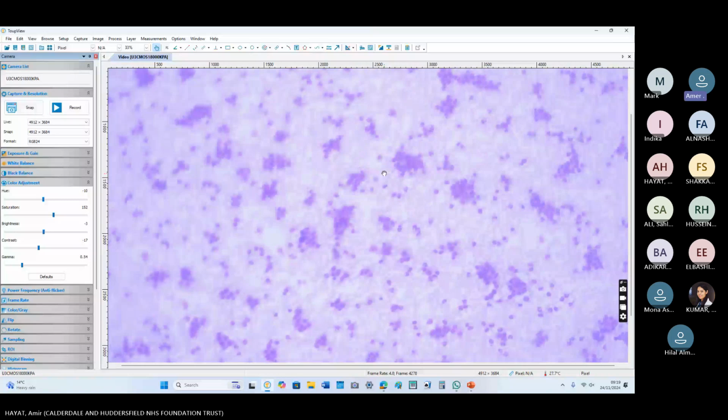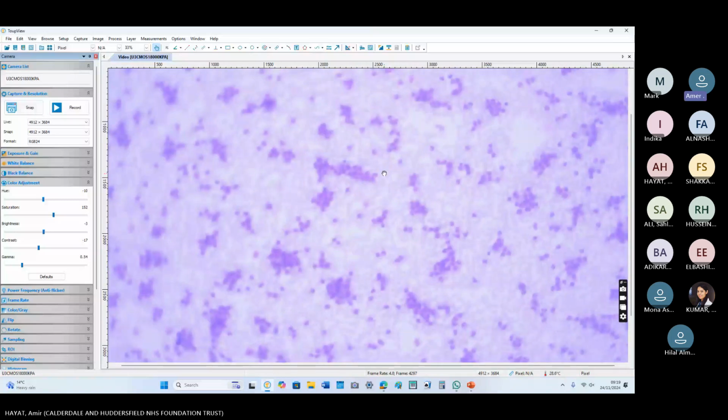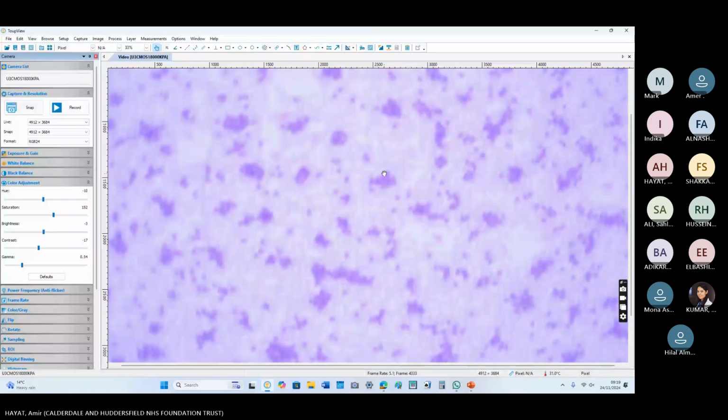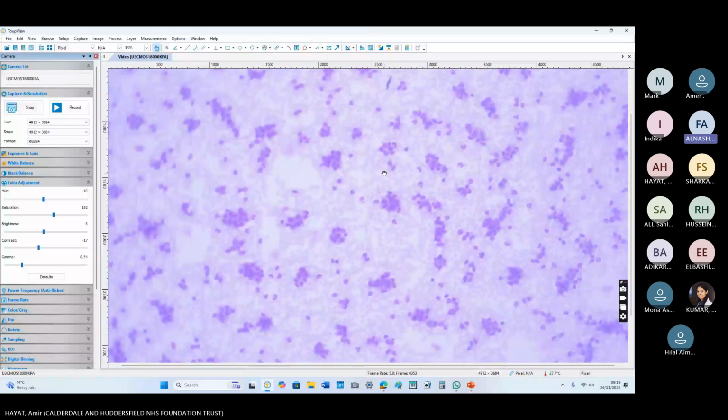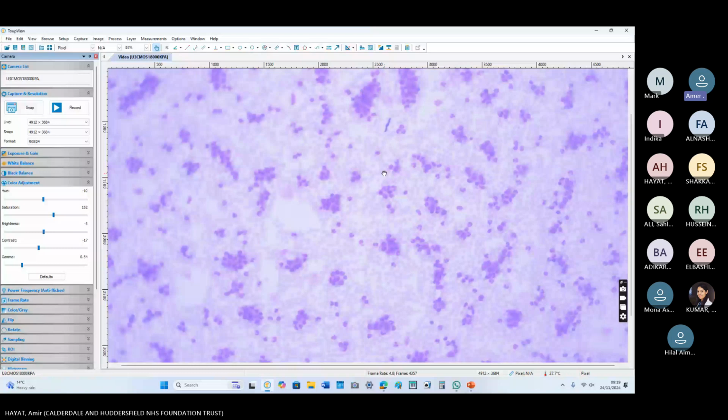So this is again a young person, 30-year-old, with a white cell count of 400. Can we have a closer look, please?